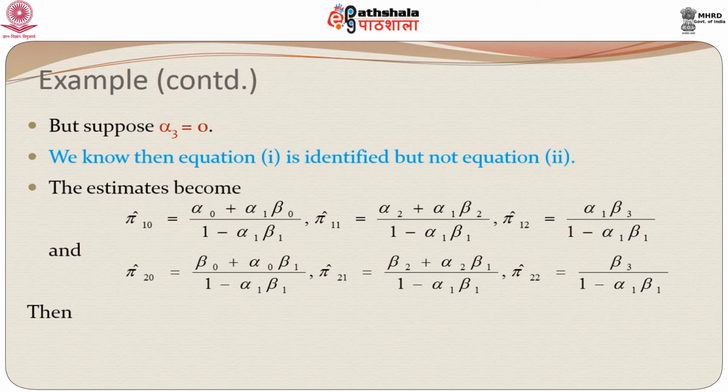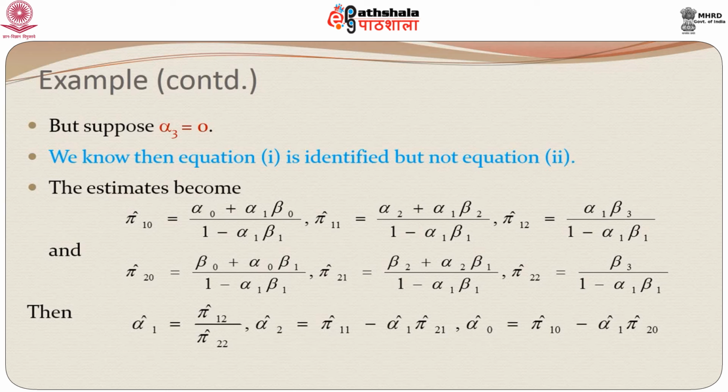Now, if I take the ratio of pi 1 2 hat by pi 2 2 hat, the ratio of the third component in both cases, what we get is alpha 1 hat. The beta 3 by 1 minus alpha 1 beta 1 cancels off and we are left with alpha 1, and hence we get a solution for alpha 1 hat.